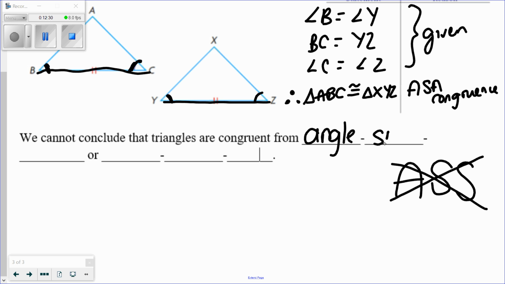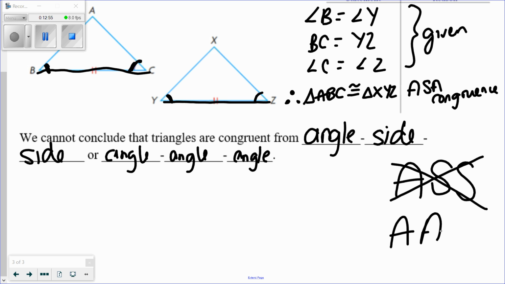It's not that I just don't want you to write that answer on your assignments, but we can't conclude that something is congruent by angle side side, and we also can't conclude that it's congruent by angle, angle, angle. I'm going to use this line to my advantage. So you can't do either of these.